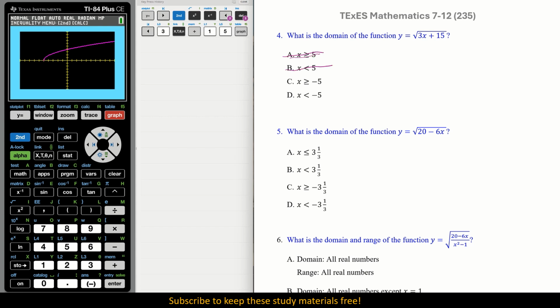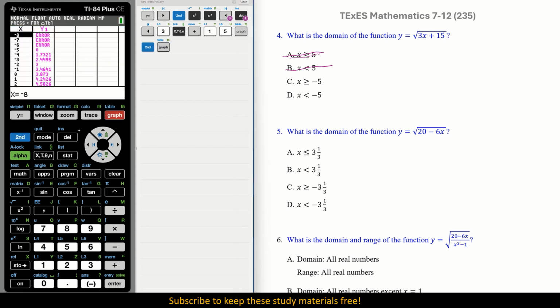A doesn't work, B doesn't work. Now, does it include -5? Where x is -5, is there a y value? That's the question we need to answer. So now we go second graph, and right here at -5, there is a value of 0. So C is our option.